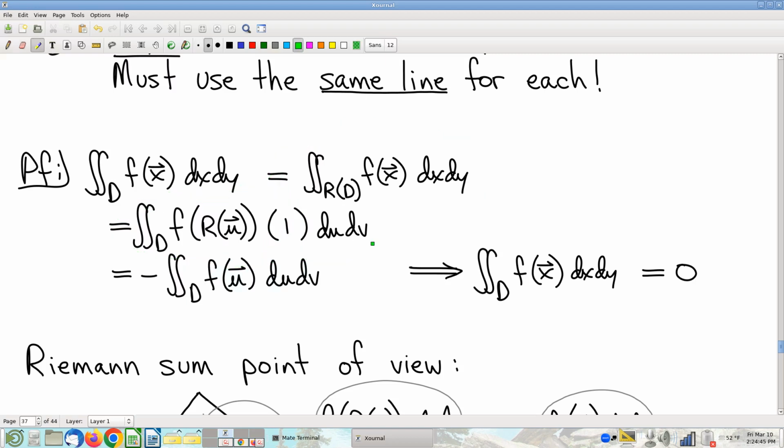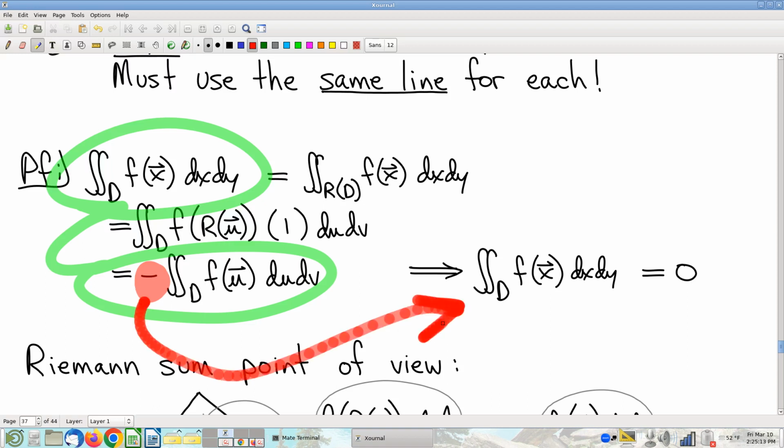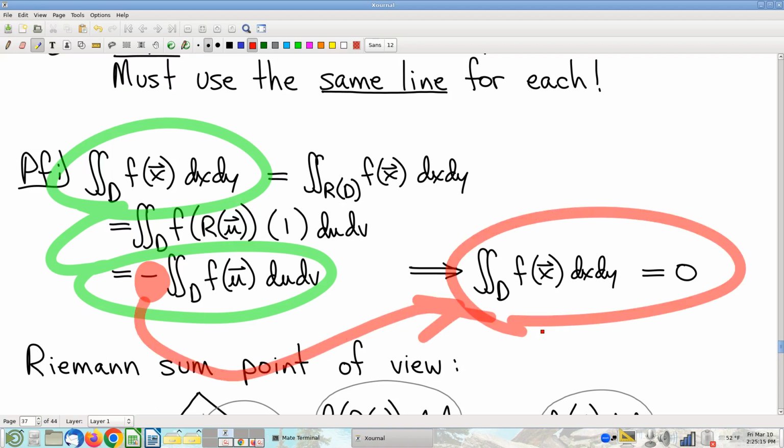And then, of course, don't forget that our function is odd, and so the value at the reflected point is the negative of the original value. Or said differently, reflecting the input gives you a minus sign on the output. And again, same deal. Our integral is now equal to the negative of itself, and being the negative of itself, it must be the only real number that is the negative of itself. It must be 0.